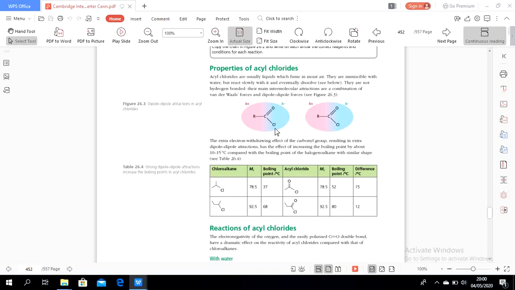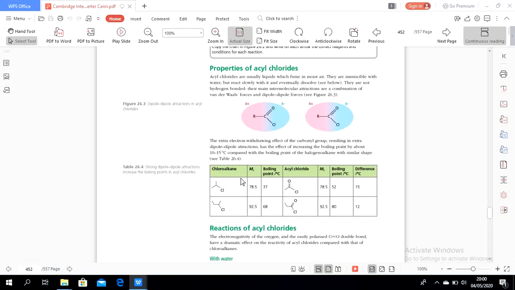Then the extra electron withdrawing effect of the carbonyl group results in extra dipole-dipole attraction, which has the effect of increasing the boiling point by about 10 to 15 degrees Celsius compared with the boiling point of a halogenoalkane with similar shape.